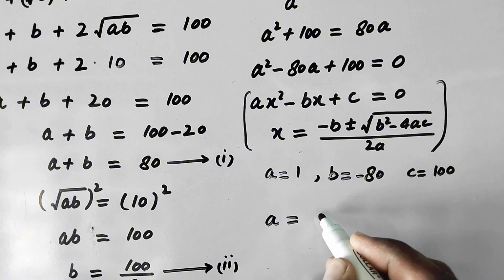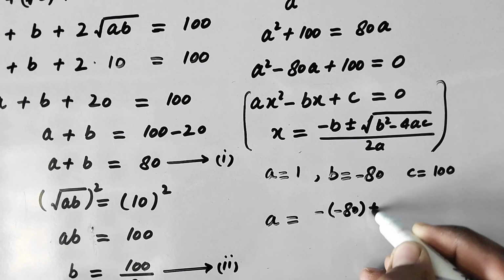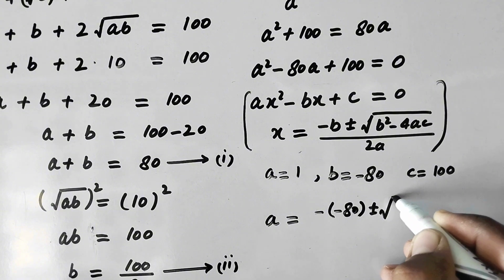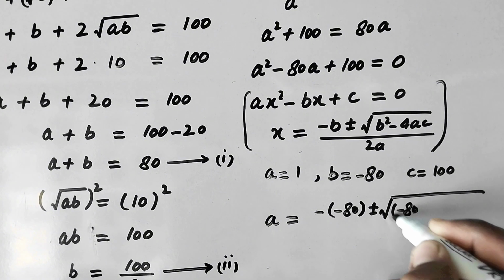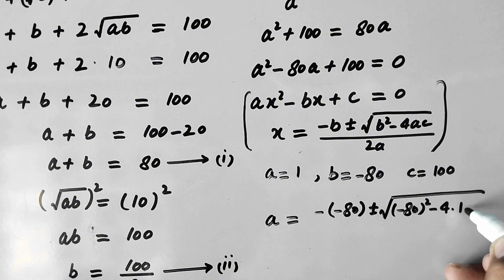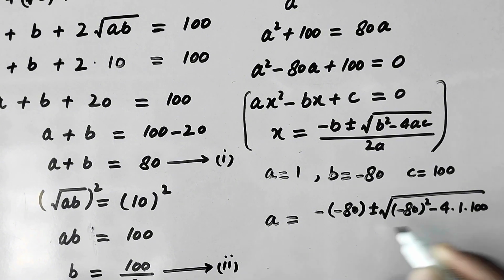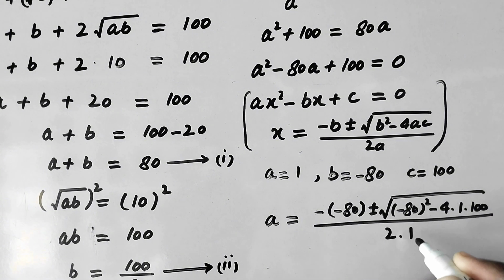So here will be minus into minus 80 plus minus square root of minus 80 square minus 4 times 1 times 100 divided by 2 times 1.